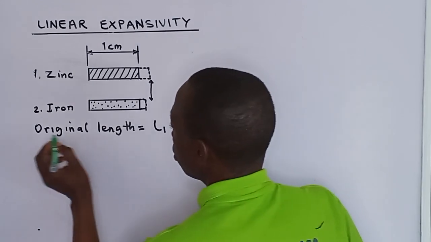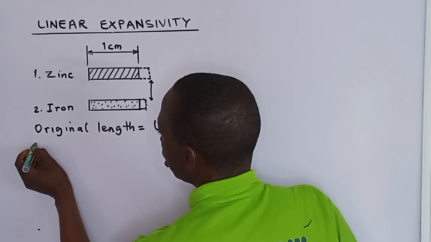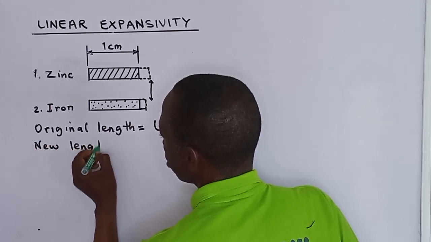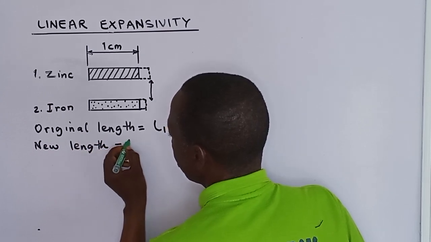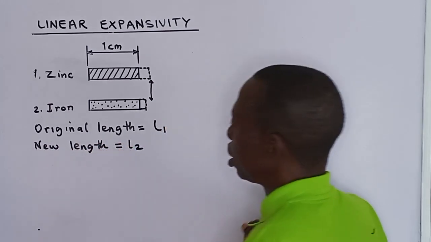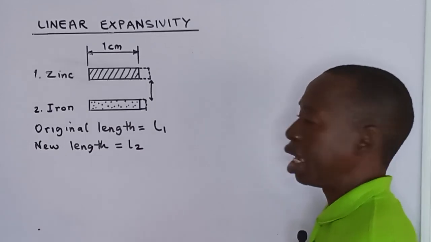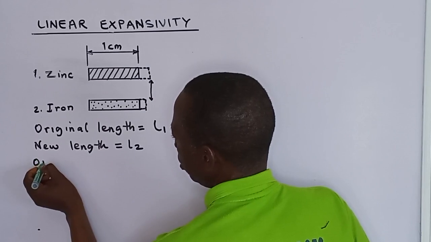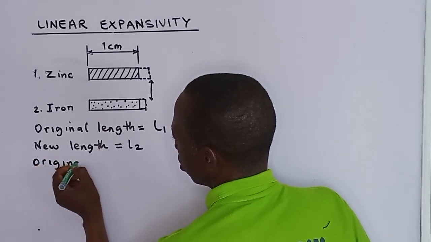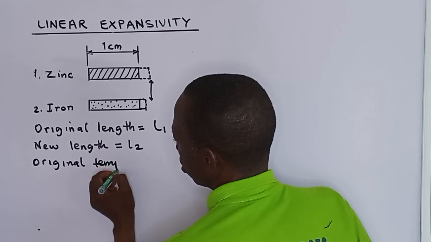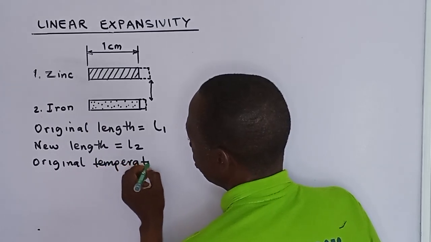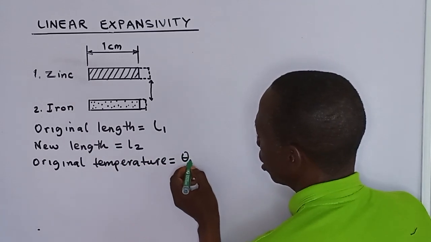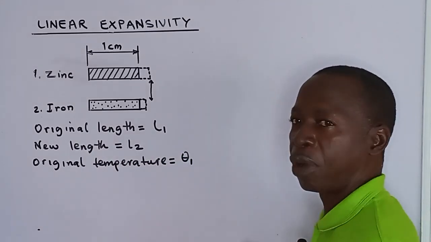Then we have to also know what we call new length. We use that as L2. Then we have what we call the original temperature. We represent that with theta, we call it theta 1.